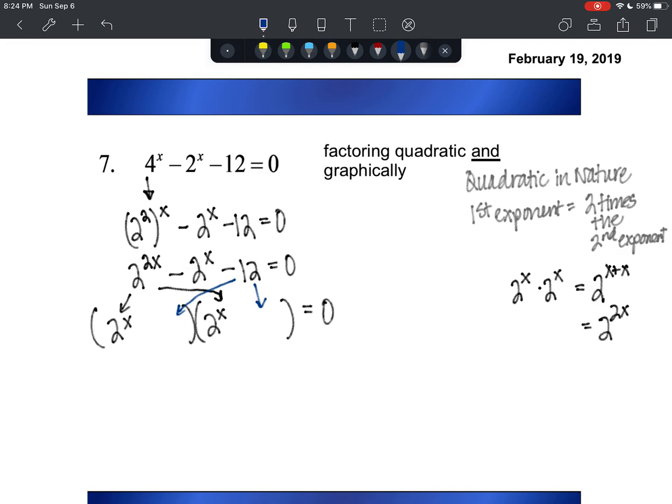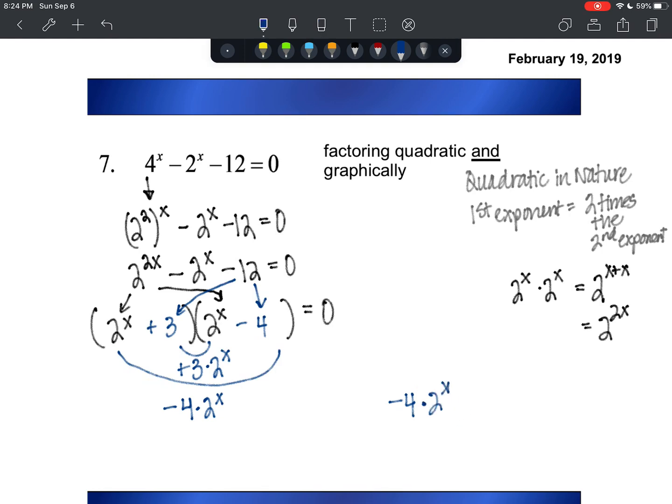I'm going to continue with this. Minus 4 plus 3. But I'm going to show you another way. So I've got minus 4 times 2 to the x plus 3 times 2 to the x. Well, that's going to be negative 1 times 2 to the x. Let me show you. Negative 4, 2 to the x plus 3, whoopsie.